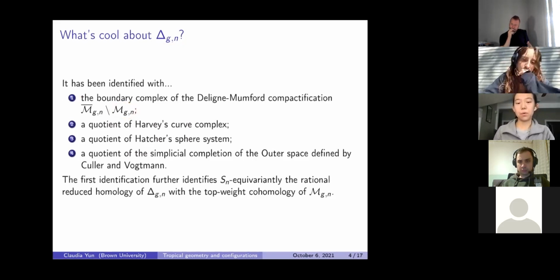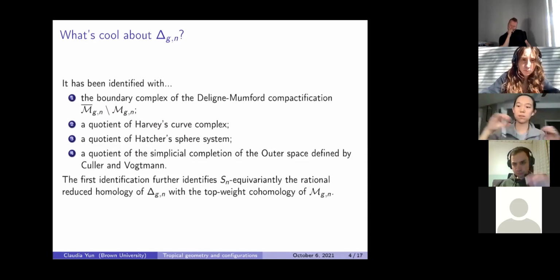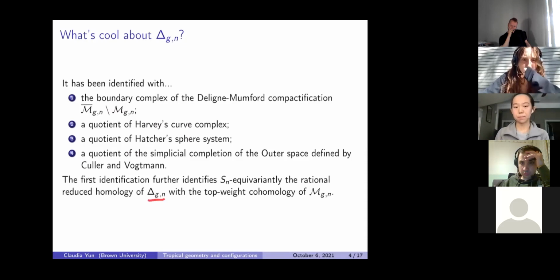And what do I mean by top weight cohomology? Roughly speaking, the cohomology of M_g,n carries a mixed Hodge structure, and therefore there is some weight filtration on these cohomology groups. By top weight, we mean: look at the top graded piece of this filtration, and that's identified with the rational homology of delta g,n.